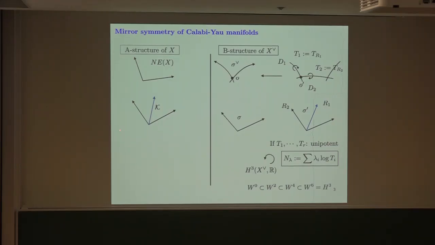So given a Kähler cone, it's typically a very complicated shape. But in such a case, we subdivide the Kähler cone into simplicial cones and take one of the cones, which is a simplicial cone. That's what I'm symbolically writing here.